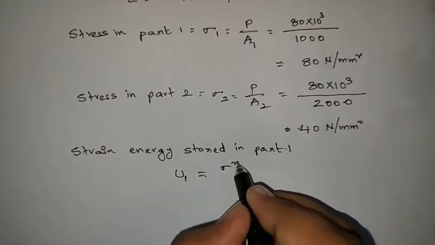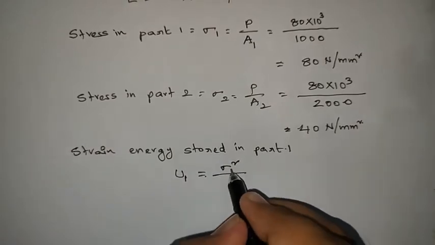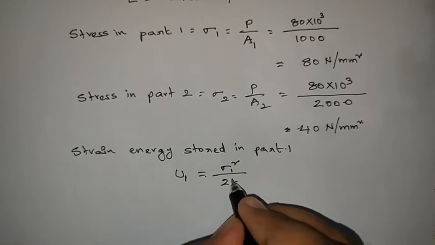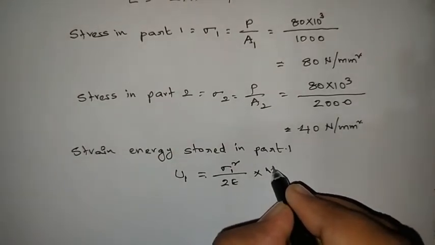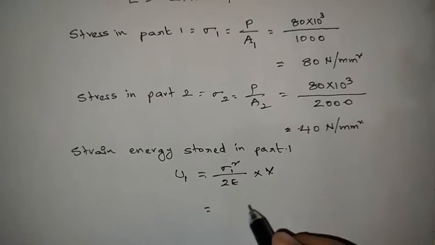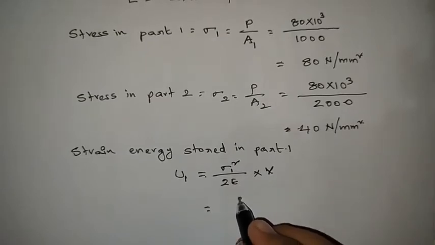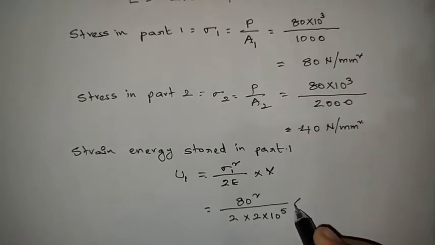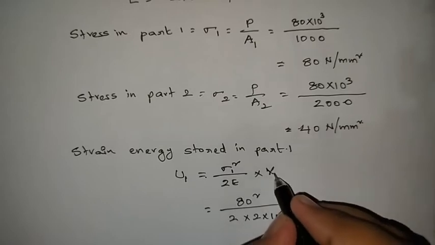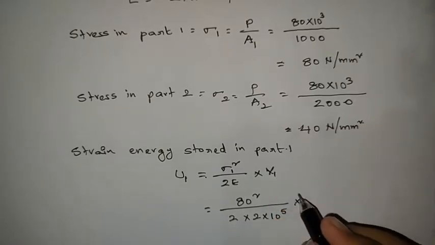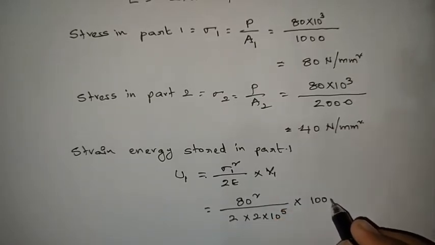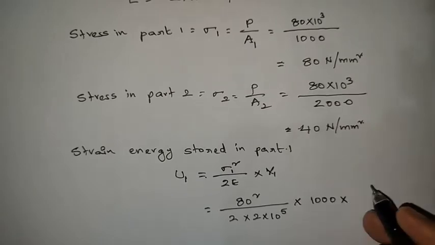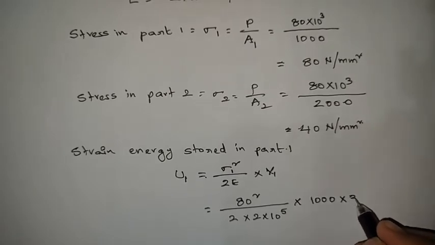So sigma square by 2E into V, that is sigma 1 square by 2E into V. So that equals sigma 1 value 80 square by 2 into E value 2 into 10 power 5, into volume, which is area into length. So the area of the first part is 1000 into the length of the first part, 3000.